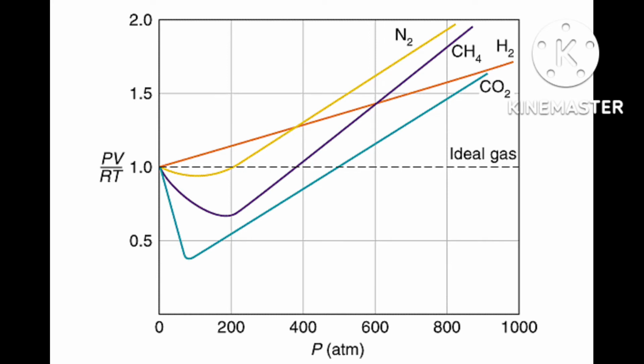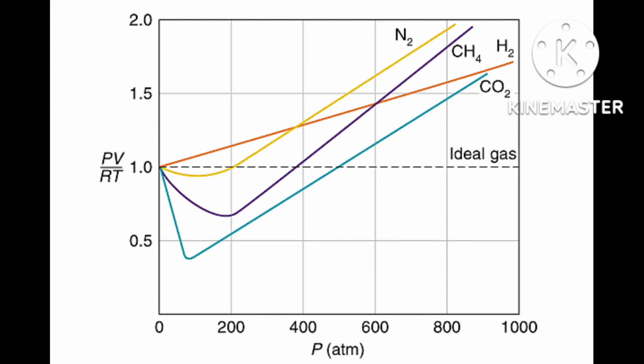Only the volume you are considering is for the real gas, the actual volume. For real gases, the volume of the molecules is not negligible; it has some value. That's why P V real divided by nRT is also called Z.